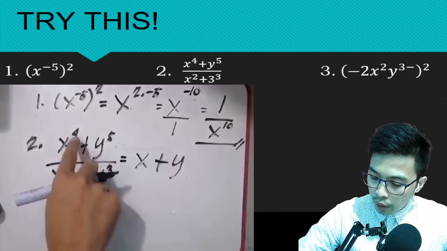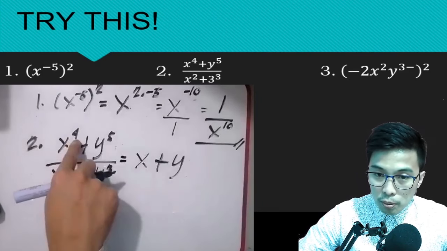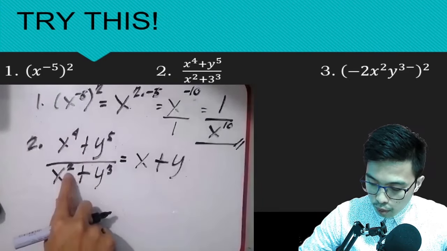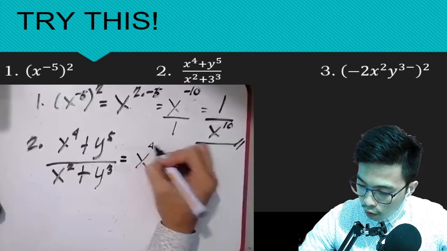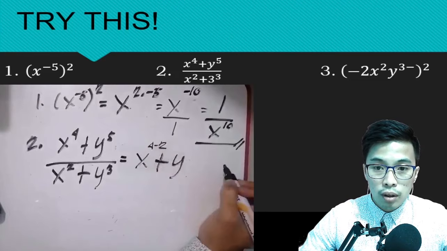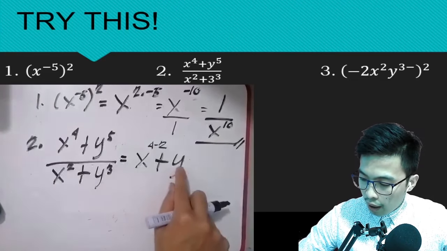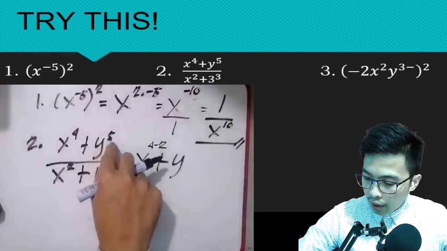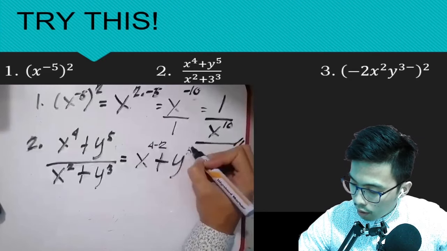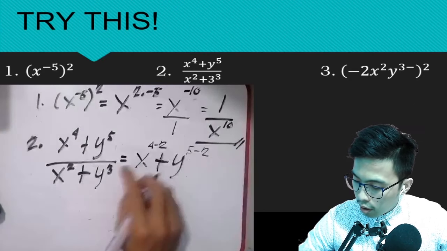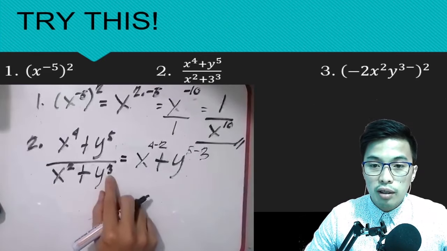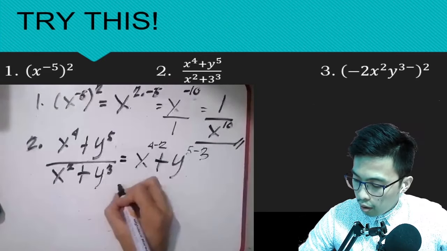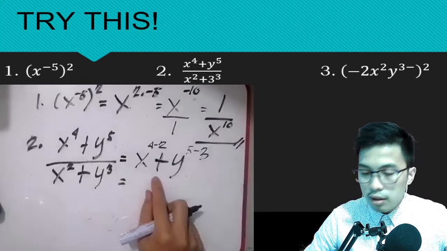And again, we copy the base, and then we subtract the exponent. 4 minus 2. Lalagyan natin siya dito. 4 minus 2. Okay? So, another one is y. Okay? We will copy the exponent 5 minus 3. Kasi 3 yung nandito. Okay? And then, finally, we can already simplify this.